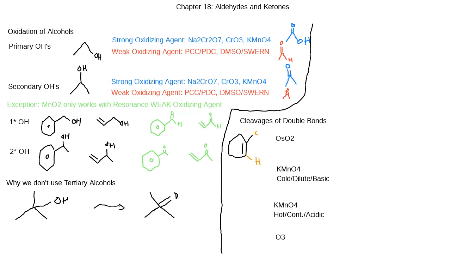So of course, underneath each of these, besides OsO4, are the solvents. So for ozonolysis, you can either have dimethyl sulfide or you can have zinc. Either works. And then within these, we also have 2 pairings.